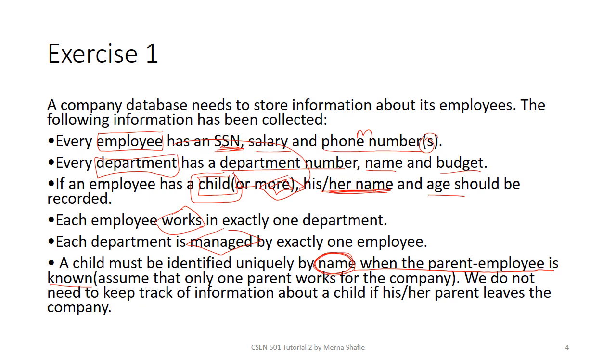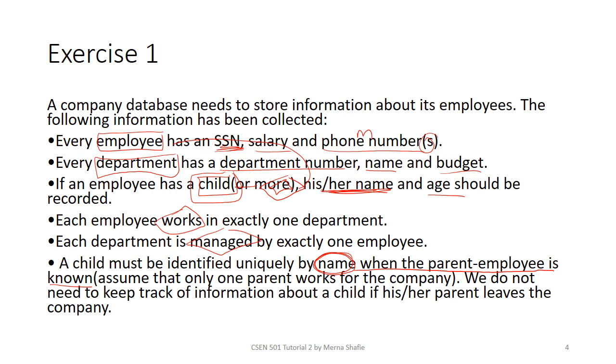We do not need to keep track of information about a child if his or her parents leave the company. Hence, it's always correlated, or as a consequence of the child not being uniquely identified on its own, it actually depends on the parent. It is a consequence of not being able to identify this entity on its own.